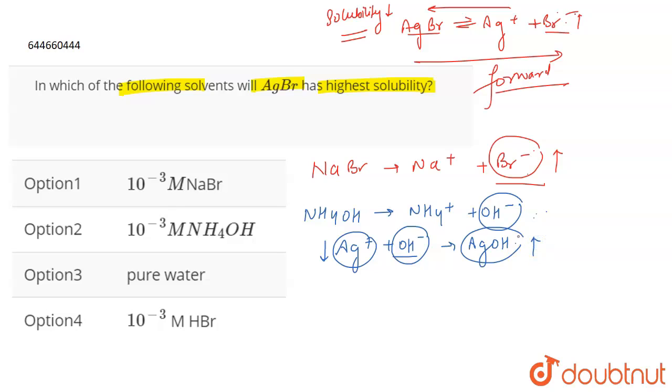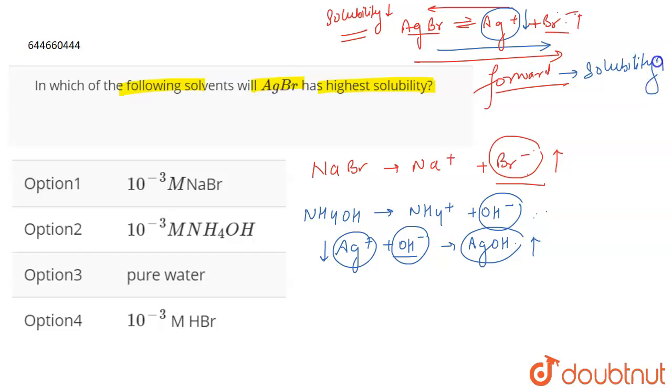So the concentration of the product here is increasing, but the concentration of reactants is decreasing because they are combining to form the product. As the concentration of Ag plus is decreasing in this reaction, in order to counter the change according to the Le Chatelier principle, the reaction moves towards the forward direction, and forward direction means that the solubility is going to increase.